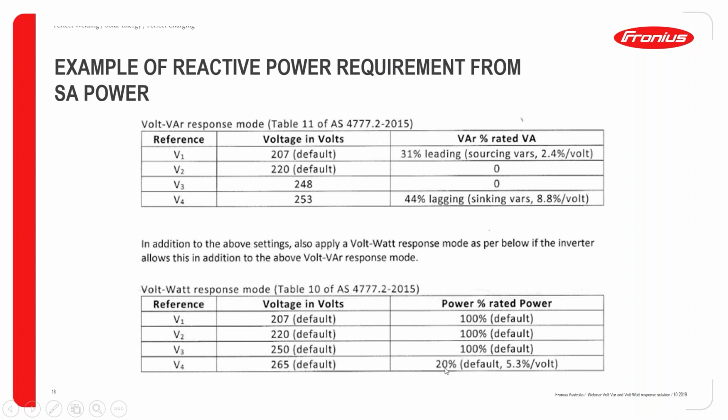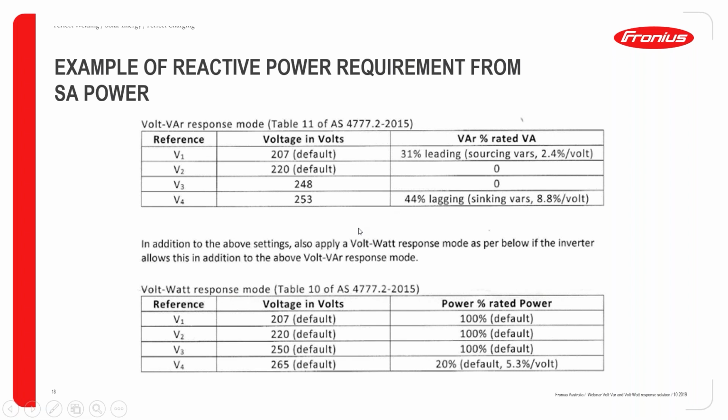So these are just a couple of examples of the tables usually specified by the grid operators in the country. SA Power usually has these same tables, but they can also change those values in the tables depending on the voltage rise in the area, or how bad the voltage rise is in the area.